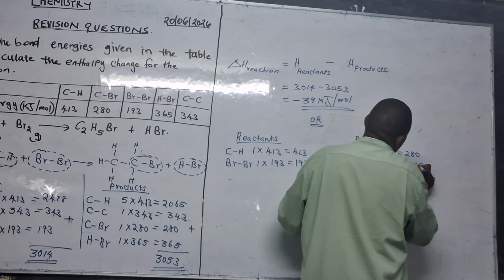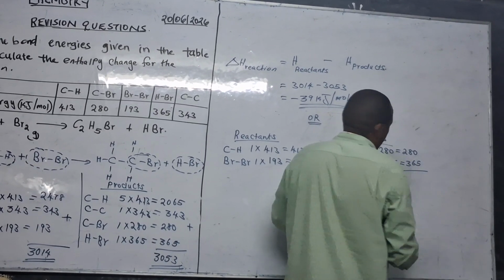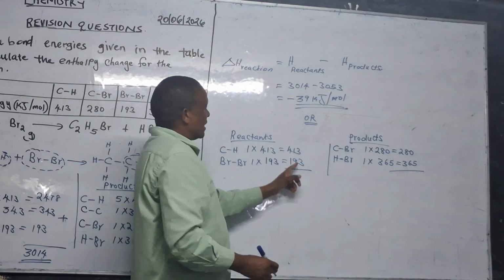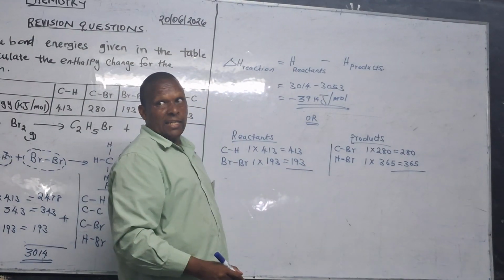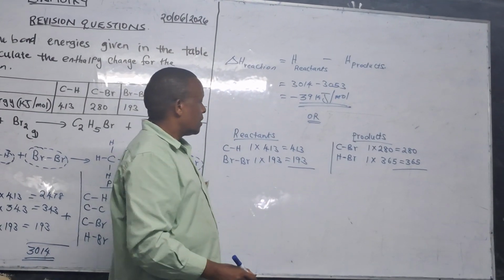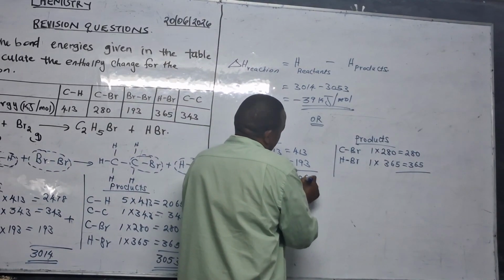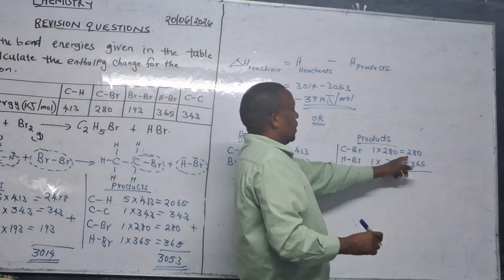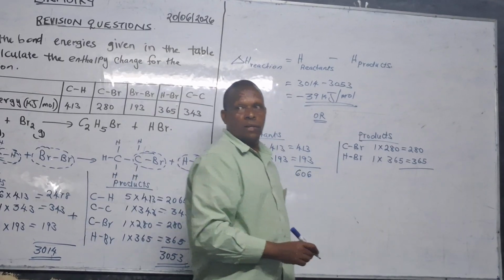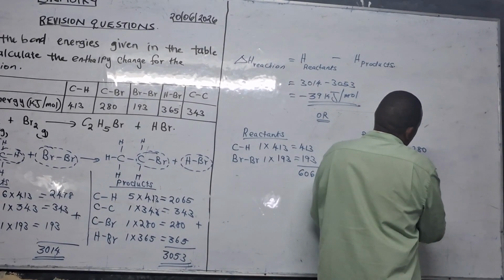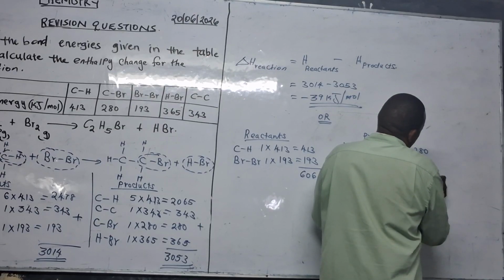You get 365. Let us sum up. 413 plus 193, 606. Very good. 280 plus 365, 645.